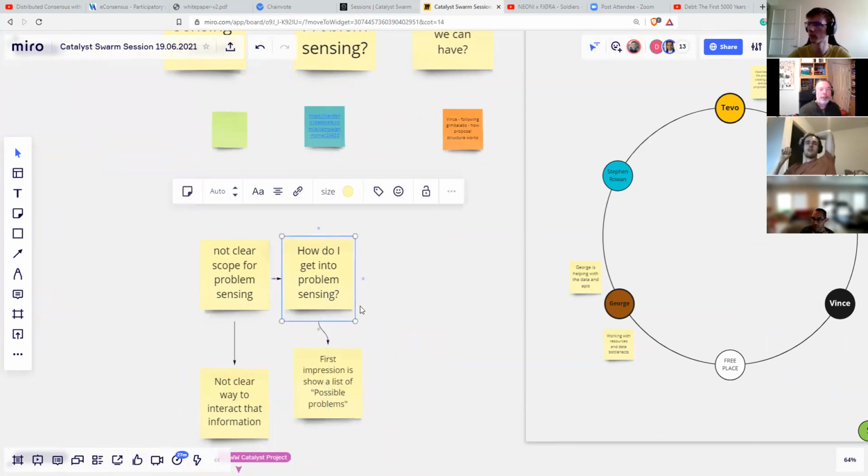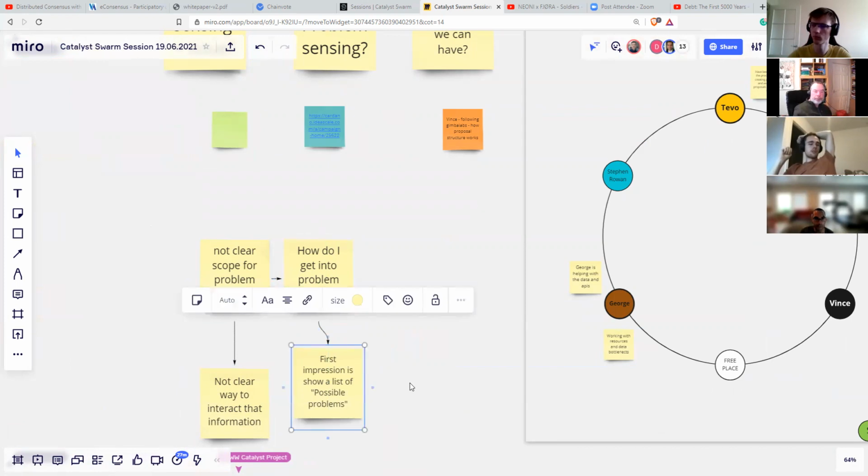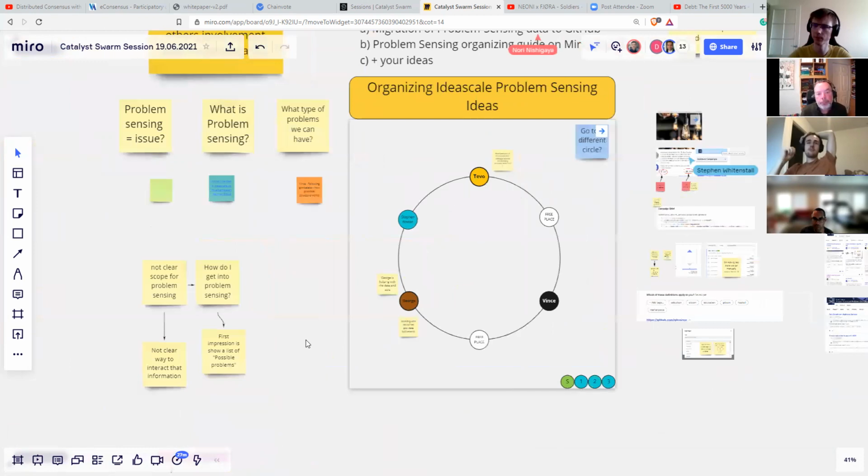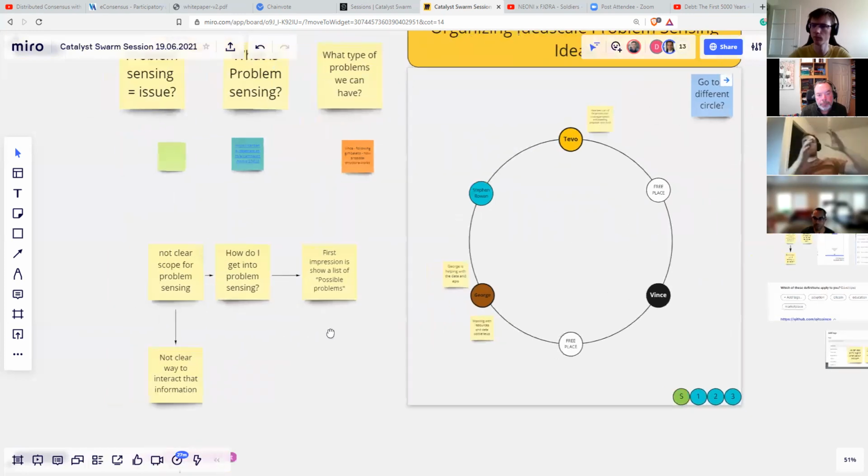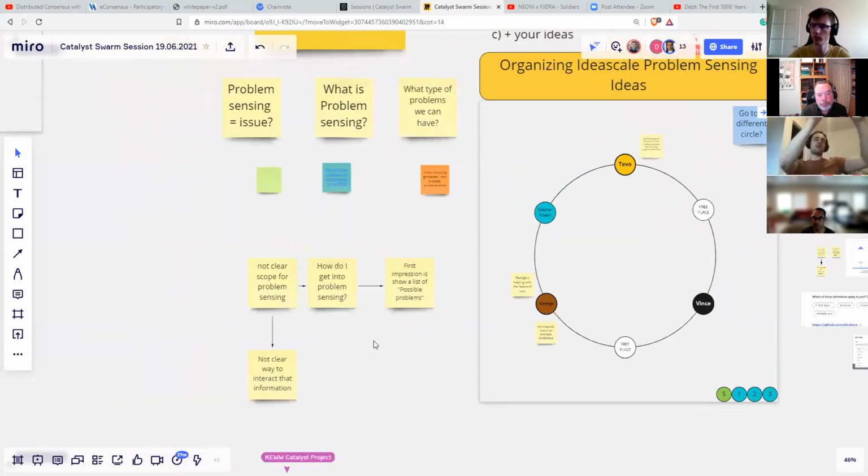Oh, go ahead. Yeah, go on, George. The two problems that I think could need addressing are, one, it's using exactly the same system as doing the proposals. So for beginners, you're using the same kind of feedback process as you are when doing proposals, and it's hard to see what this is for.